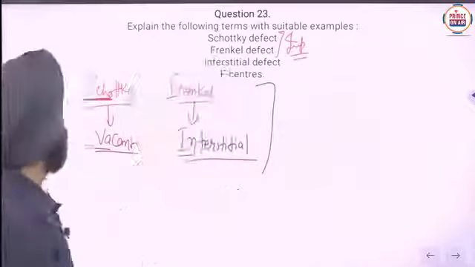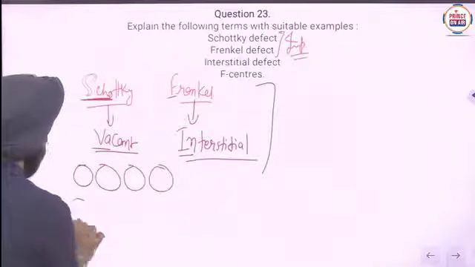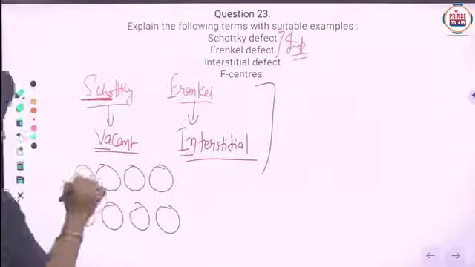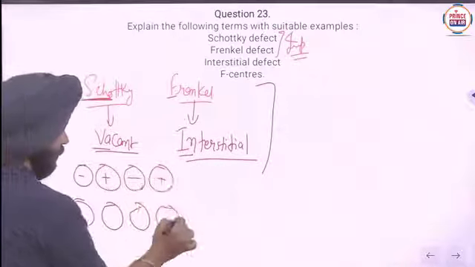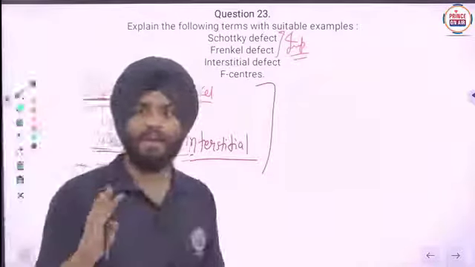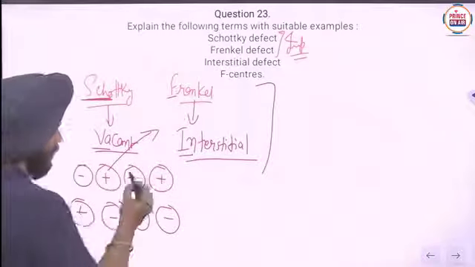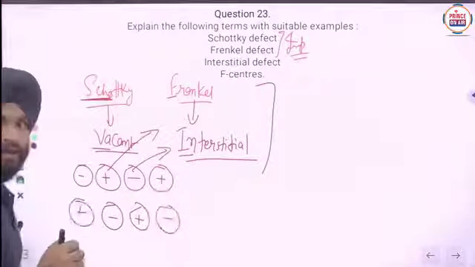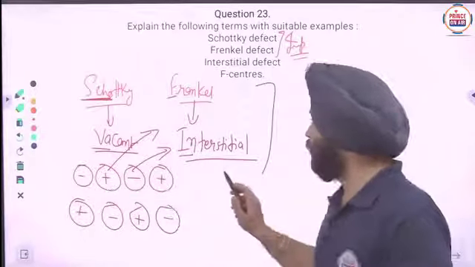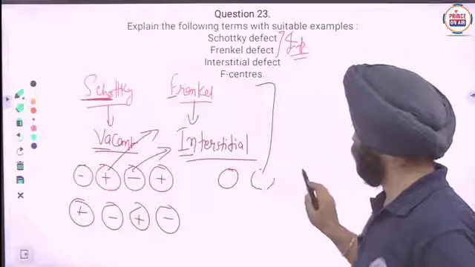If we have an ionic crystal, plus minus plus minus plus minus plus minus plus, and the ions are of relatively similar size, then positive and negative ions both will be evacuated from their places, and there will be the formation of a hole or vacant space.